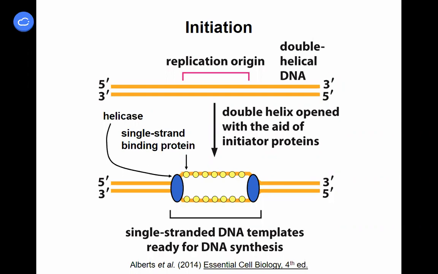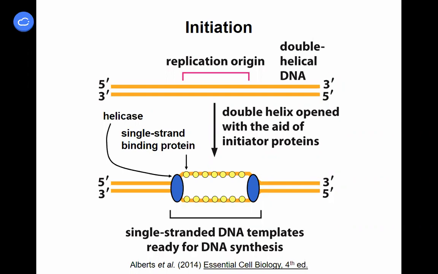So initiation involves initiator proteins, which I'm not describing in detail. Helicase is there, and its job is to extend the replication bubble. Then single-strand binding proteins keep the DNA single-stranded, so that the action of helicase is not undone by reannealing.